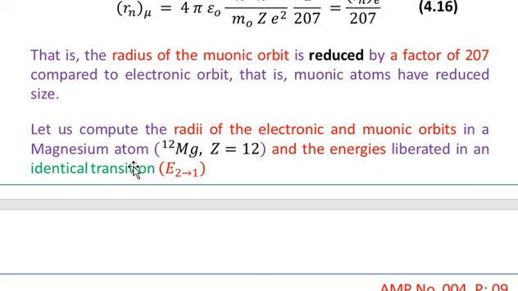That is, magnesium has been converted into a muonic atom by capturing a muon. So we want to see the difference between the radii of the electronic magnesium atom and the muonic magnesium atom. And we also want to compare the transitions between identical states, that is, the transition from state number 2 to state number 1.